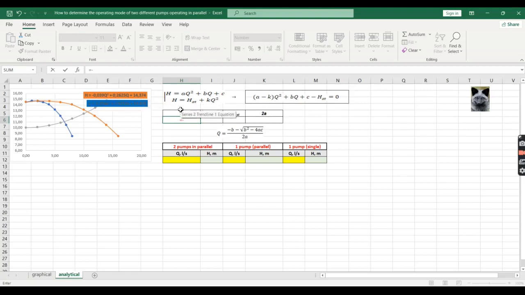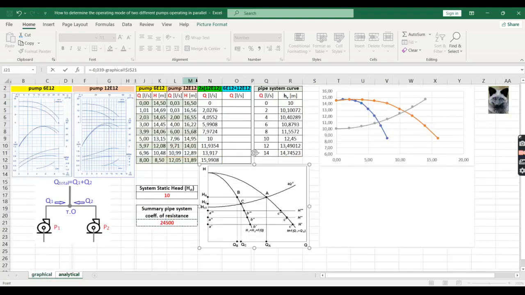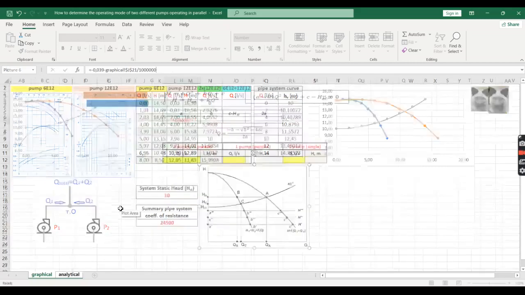So it will be minus 0.039 minus the value of the coefficient K, but it's very important to remember that you have to divide this value by 1 million because initially it is used for the flow rate replaced in cubic meters per second, and now we use liters per second, and the flow rate is at second degree in the equation. So it's a very specific moment that has to be taken into account.